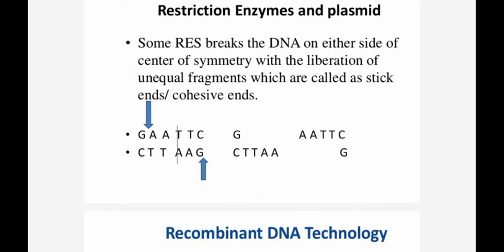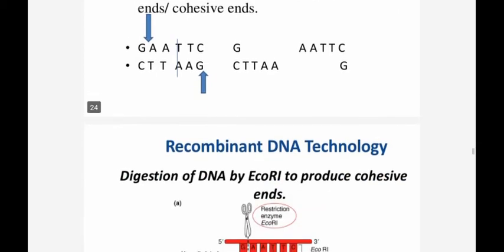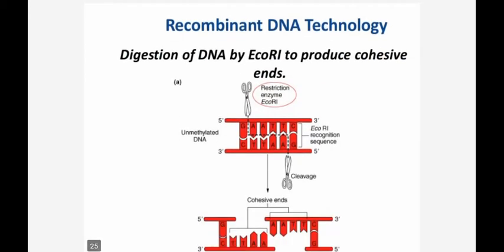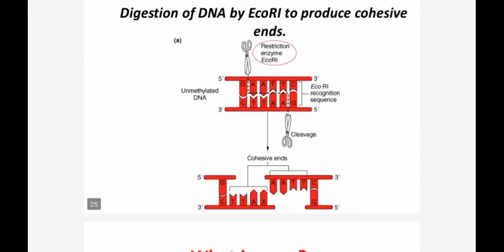You should remember that these restriction enzymes always produce unequal fragments. These are called sticky ends and cohesive ends. See here, you can see how this restriction enzyme produced unequal ends.